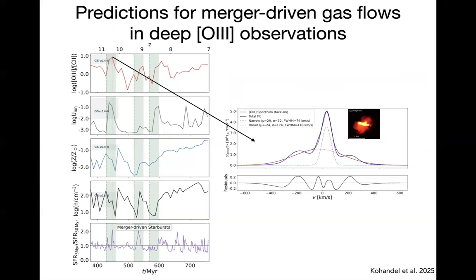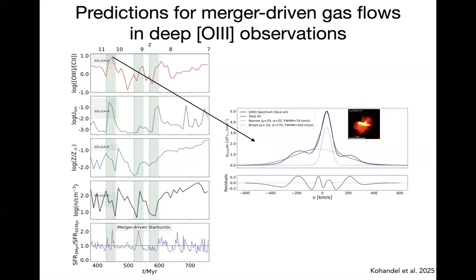And with this kind of merger-driven bursts, we can go deeper and try to have some predictions for follow-up observations. If we observe these galaxies even deeper with ALMA or other instruments, we find that this kind of high O3 over C2 happens when you have broad emission lines, I would call them, in your O3 emission line.